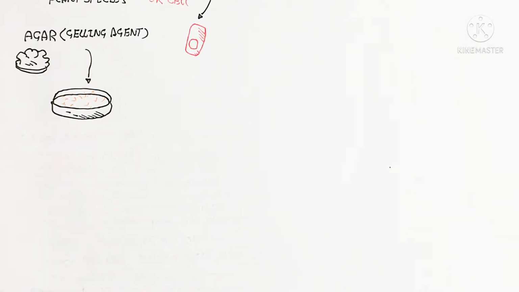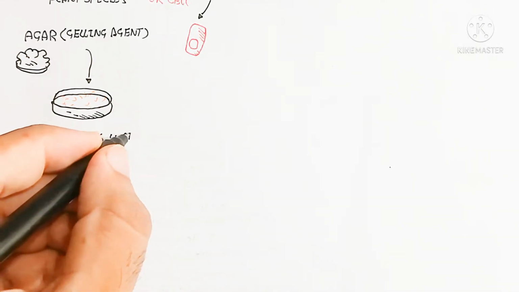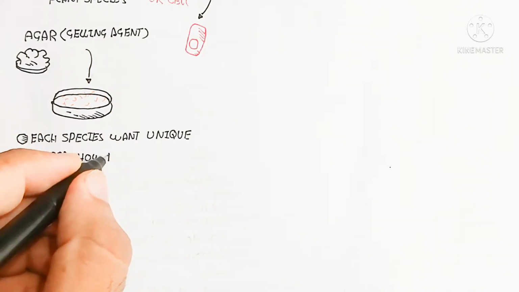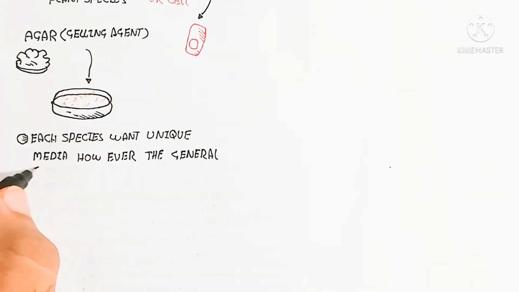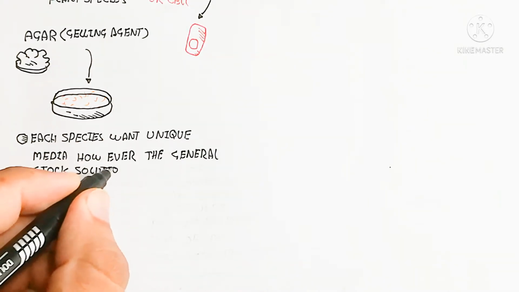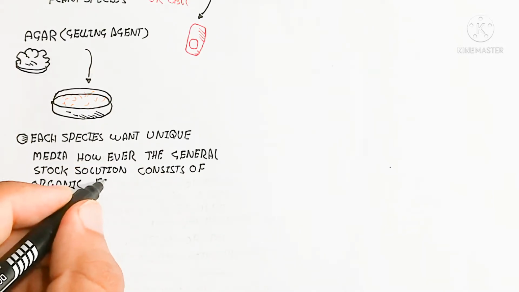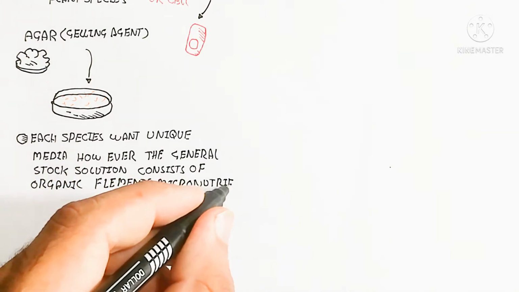Each species wants a unique medium. However, the general stock solution consists of organic elements, micronutrients, and macronutrients. An aseptic technique should also be used for all culture medium preparation.